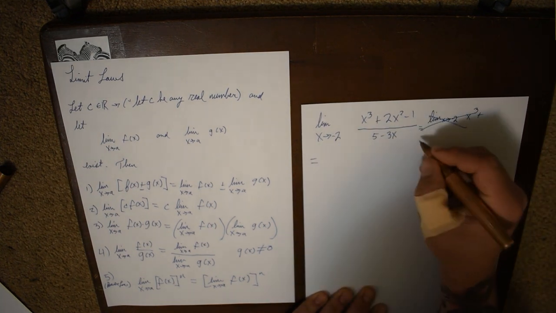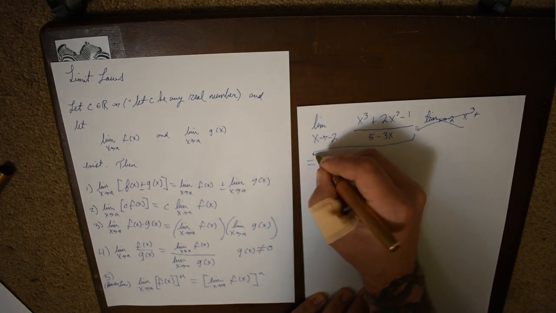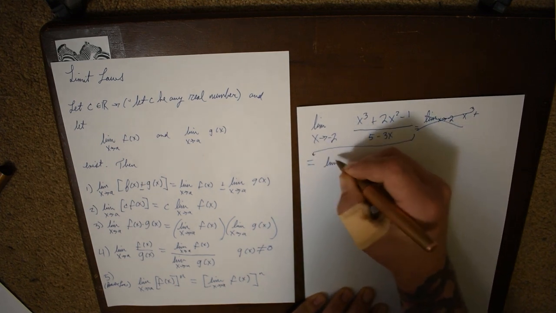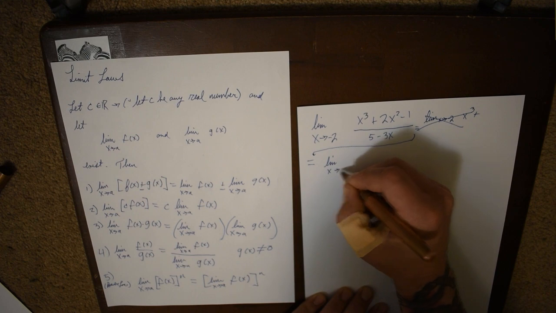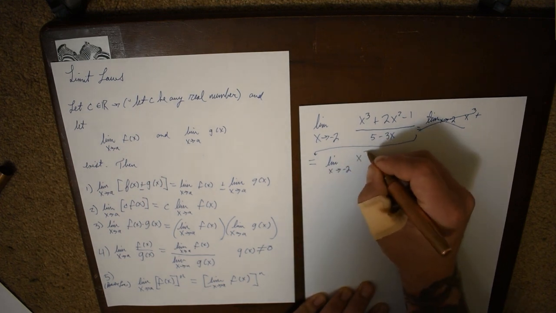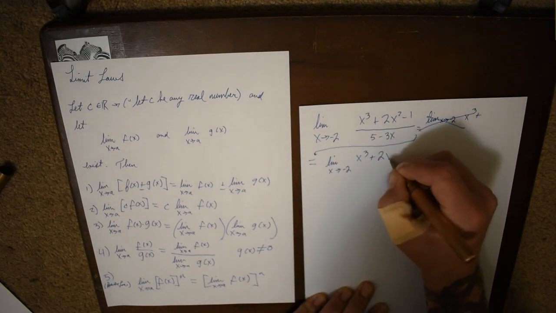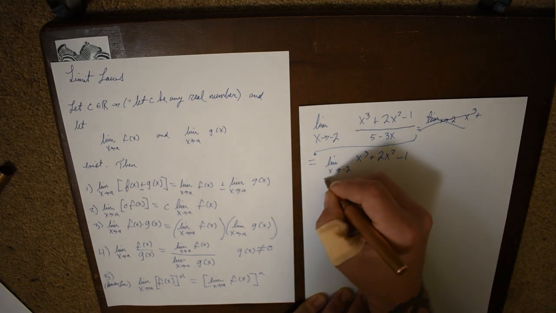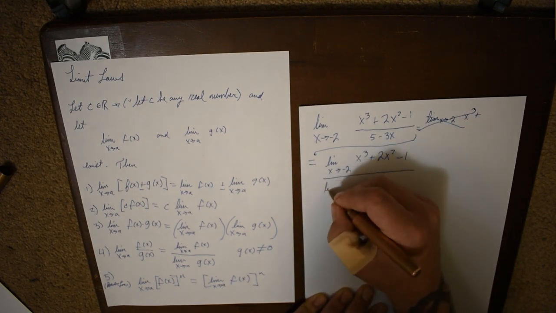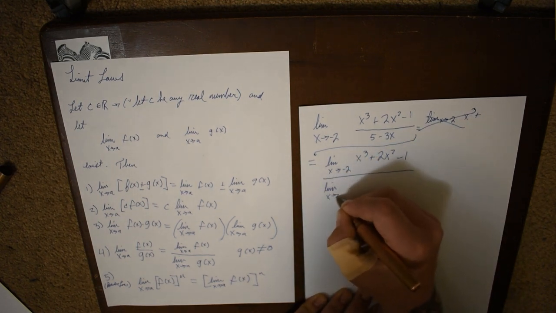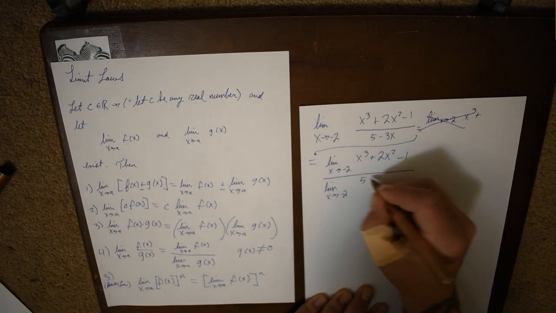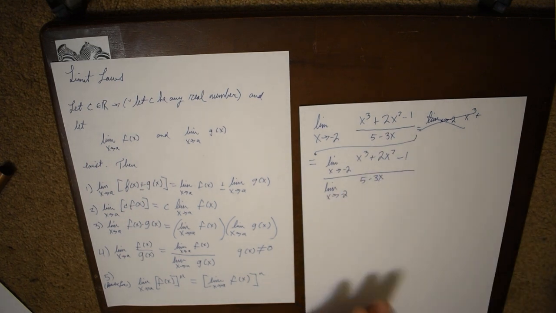This thing is equal to the limit as x approaches negative 2 of x cubed plus 2x squared minus 1, all divided by the limit as x approaches negative 2 of 5 minus 3x.